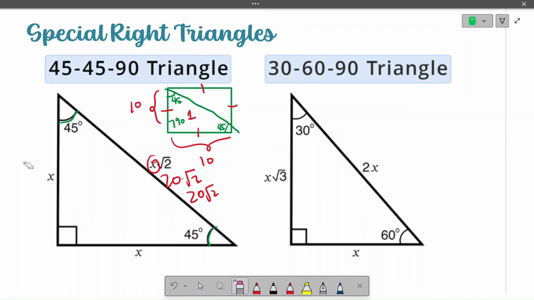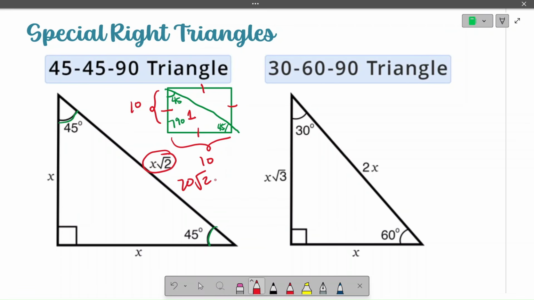Okay, now let's do the reverse. How about ang given naman ay 20 square root of 2. Ayan. So, if this is the given, paano makuha yung dalawang missing legs? Again, this is the standard form ng ating hypotenuse.